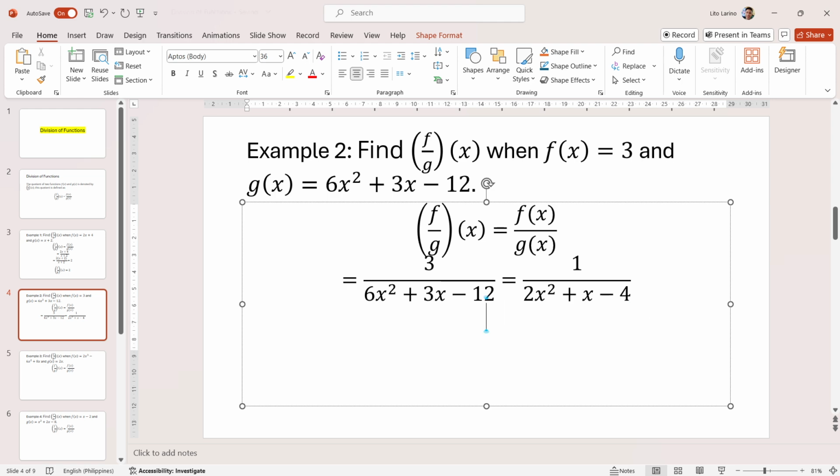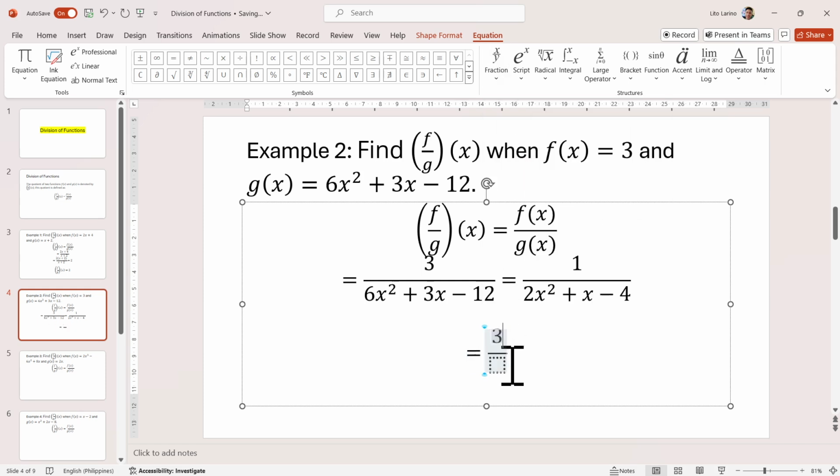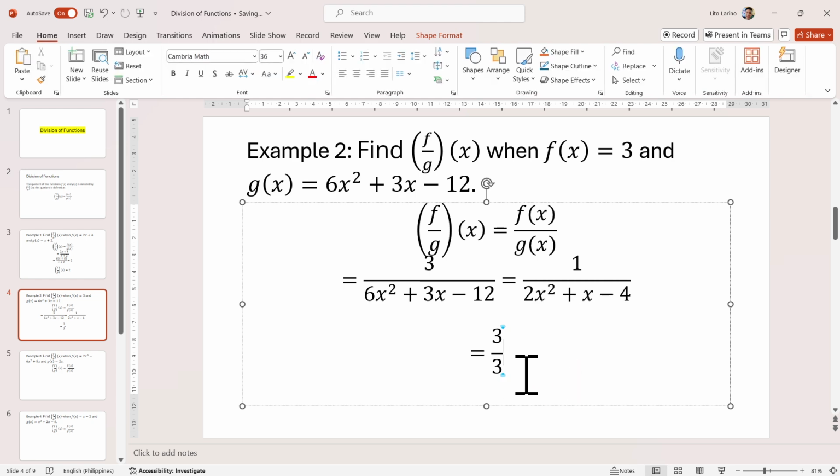But let me show you further how I got this. We can look for the common monomial factor in the denominator, and that is 3 multiplied by this expression.